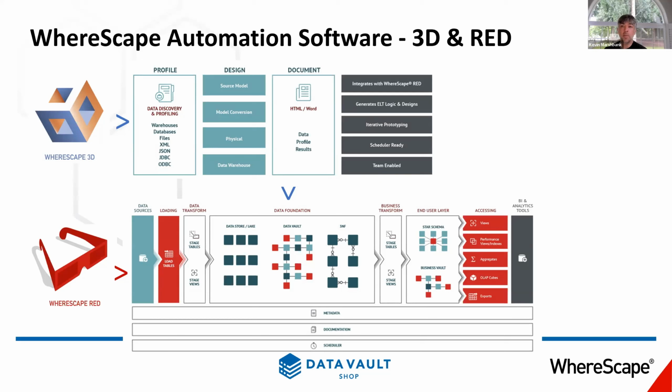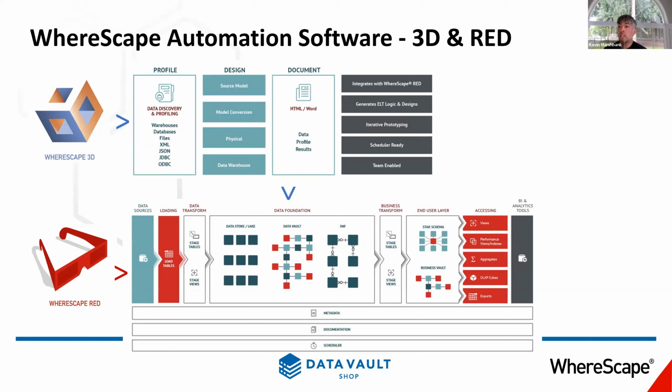WhereScape takes that information from 3D and actually builds all those objects and those pipelines automatically during the deployment process. And then it includes the documentation, metadata is all stored, and then also a scheduler. So the Oscaban scheduler that WhereScape uses comes from LinkedIn that can run on Linux and be scaled out to as many nodes as you want with no additional licensing there.